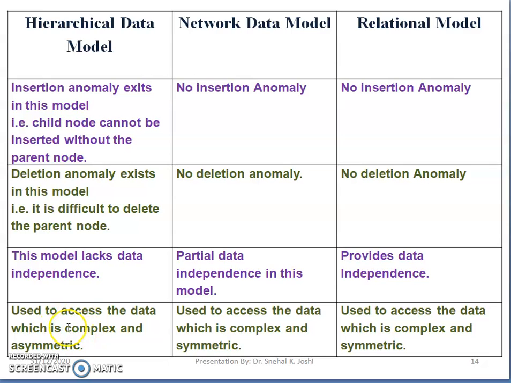The hierarchical database model is used to access data which is complex and asymmetric. So if your data is complex and asymmetric, this hierarchical data model structure is more useful and relevant. Whereas the network data model is used to access data which is complex and symmetric.